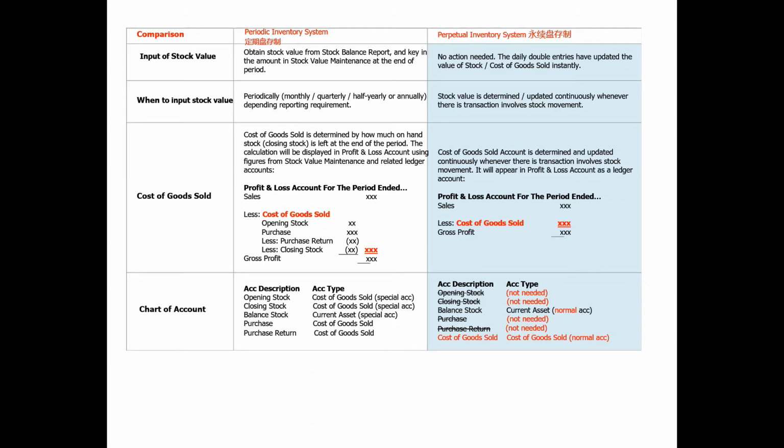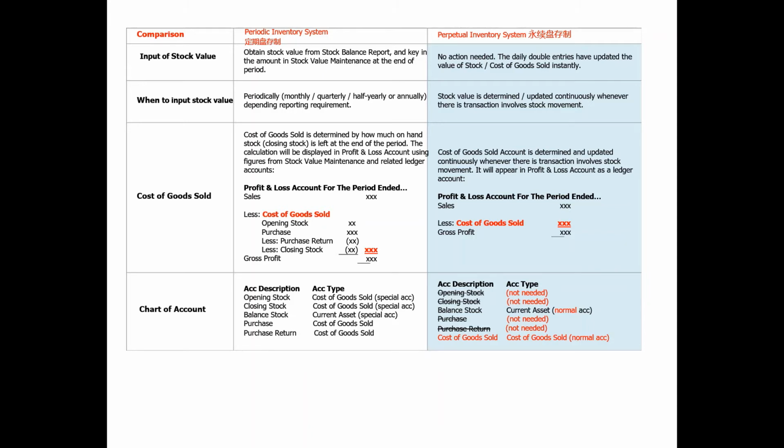So that is why when you use the Autocount system, the premise version, you find that at the end of the month, when you close your month's account, you need to key in the stock value under the stock value maintenance, right? Whereas in perpetual inventory, no action is needed. The daily double entries have updated the value of stock and the cost of goods sold instantly, right? So that is the difference.